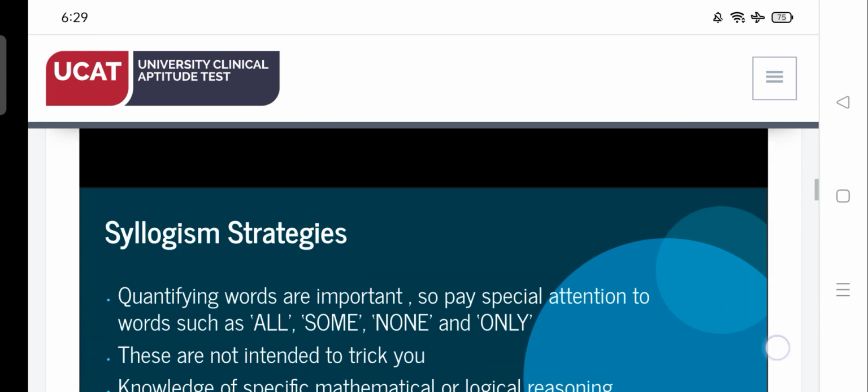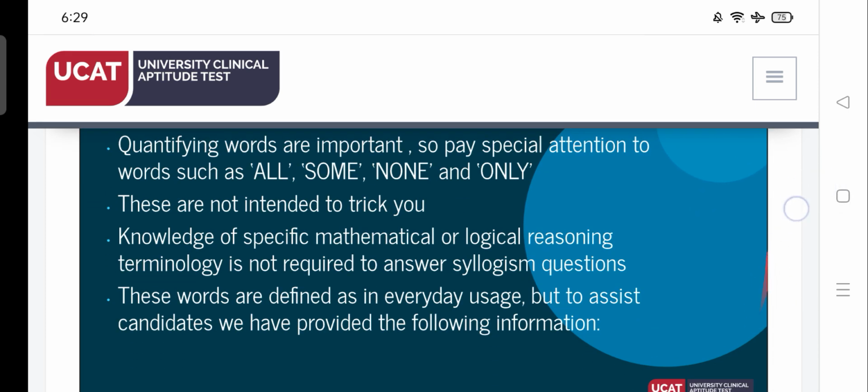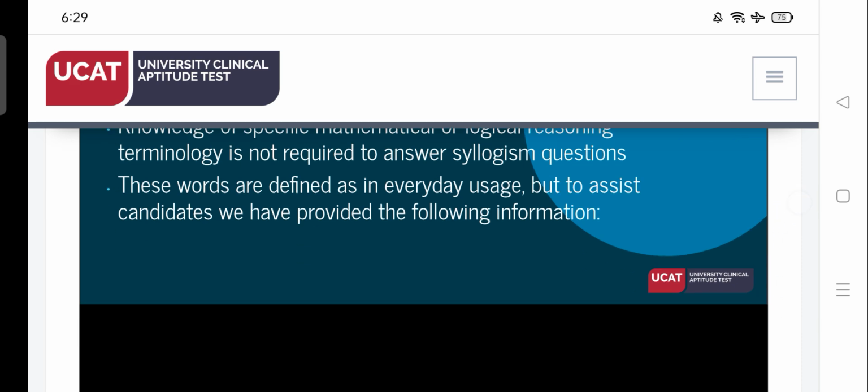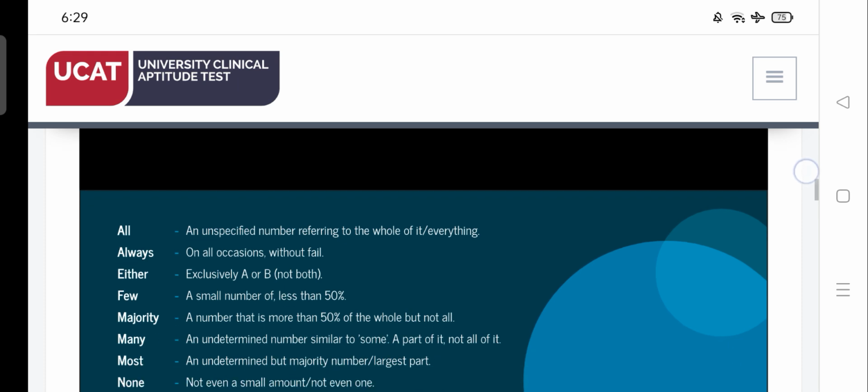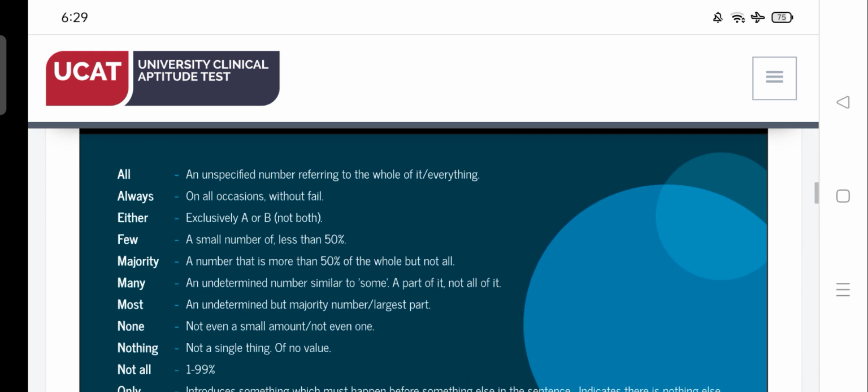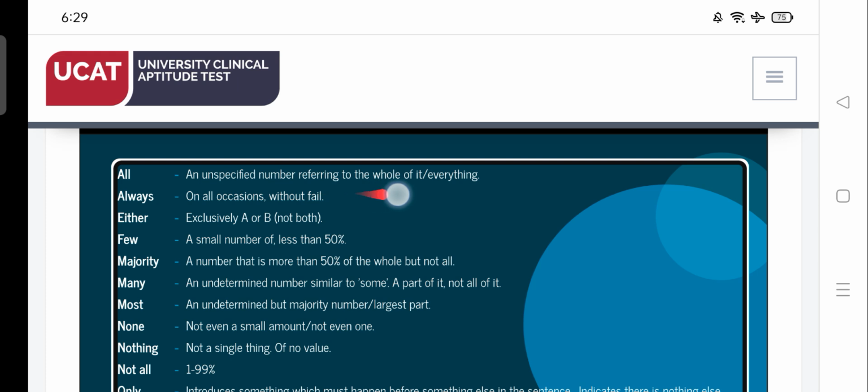Next, in the following slide we have some quantifying words, what they are for and what their meaning is. First we have all. An unspecified number referring to the whole of it or everything.